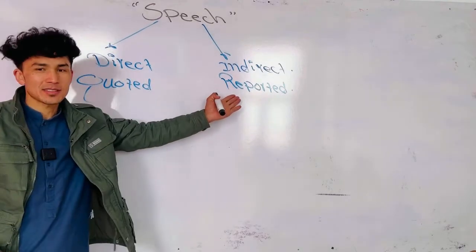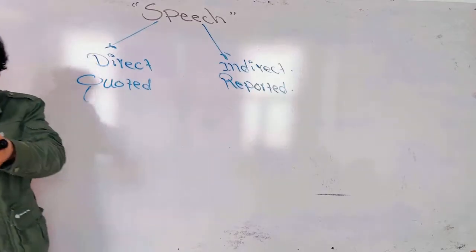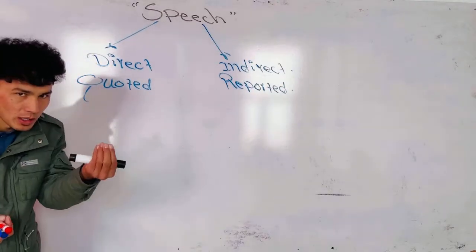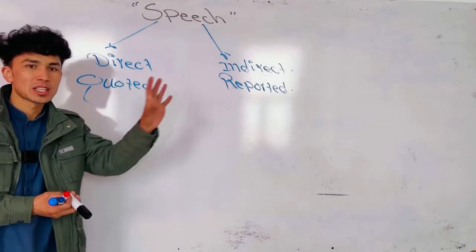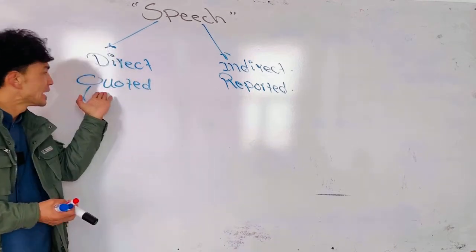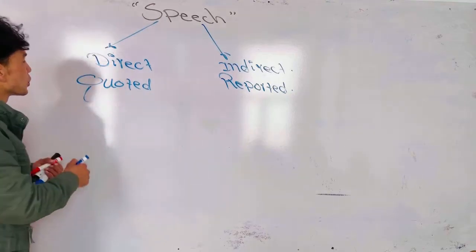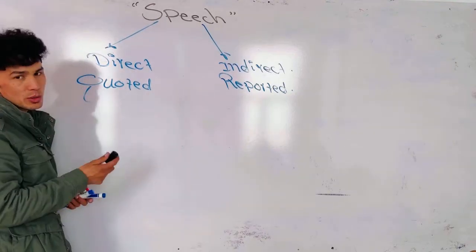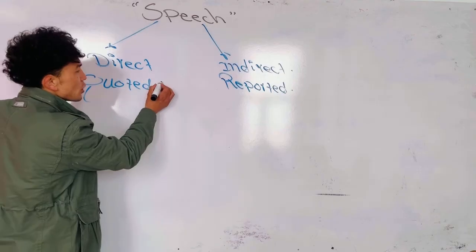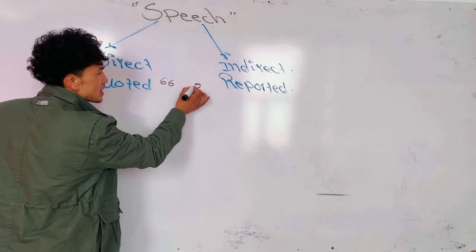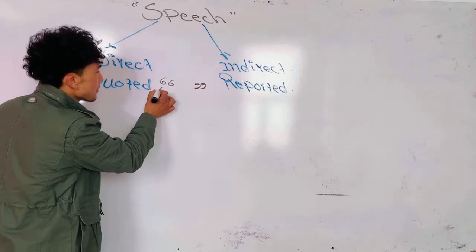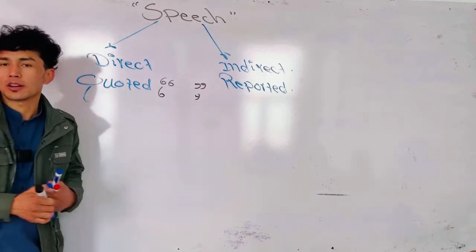As the name suggests, reported. When you report somebody's idea or somebody's words directly, without any changes, it is called quoted. Why is it called quoted? Because in quoted speech, we always use a kind of mark in English, which is shaped like 66 and 99. It's called quotation mark.